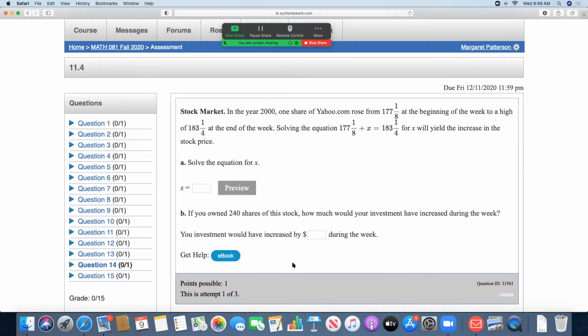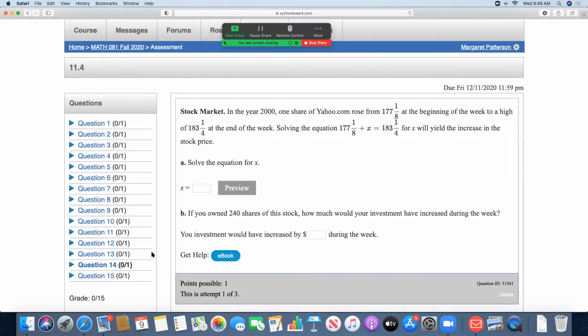Okay, in 2000, one share of Yahoo was, I'm going to write it down on my paper. They gave you the equation: 177 and 1/8 at the beginning of the week, and it went to 183 and a quarter at the end of the week.